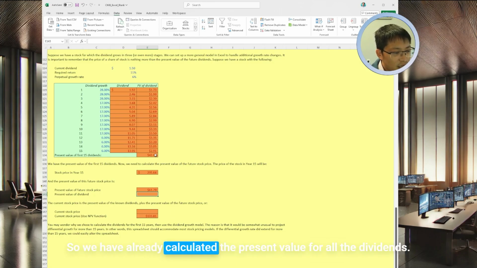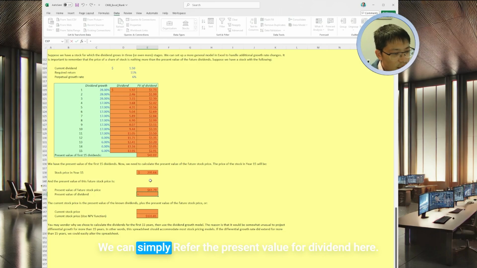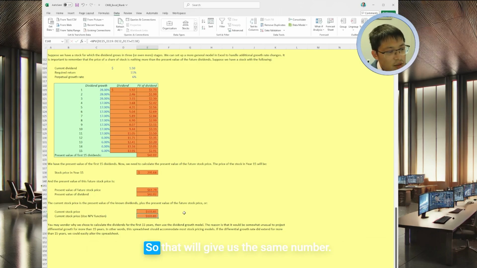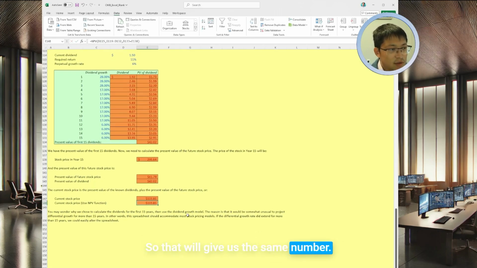So we have already calculated the present value of all the dividends for this time. We can simply add the present value of the dividends. The current stock price is just this. That's all for this section.